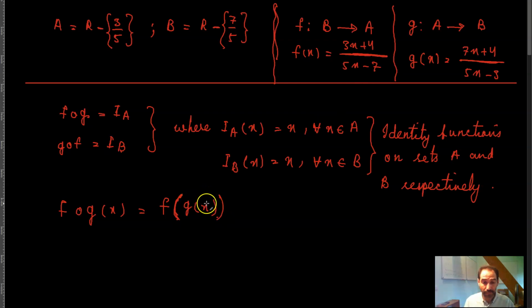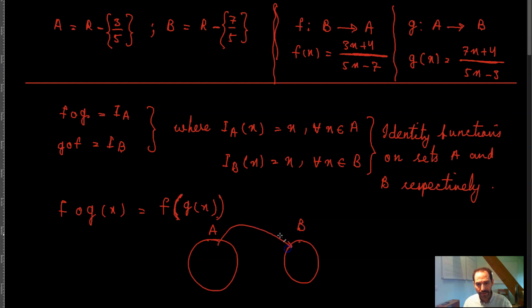So f goes from B to A. That means that you have some set A over here, and you have some set B over here.